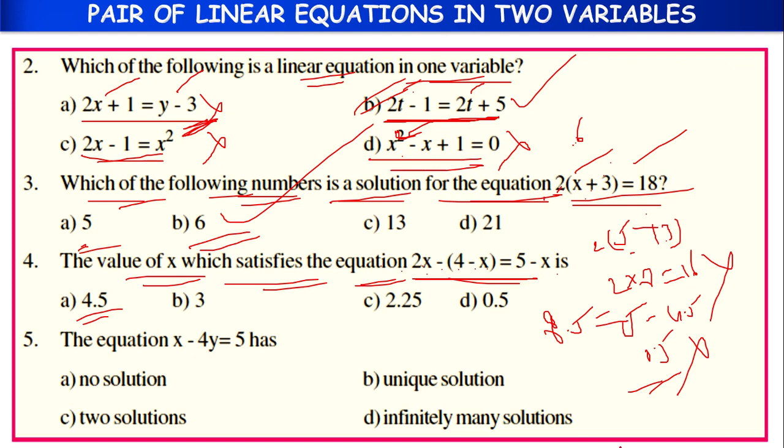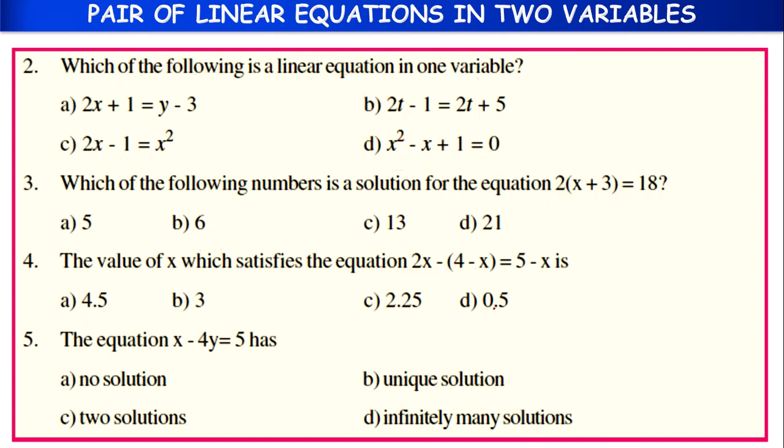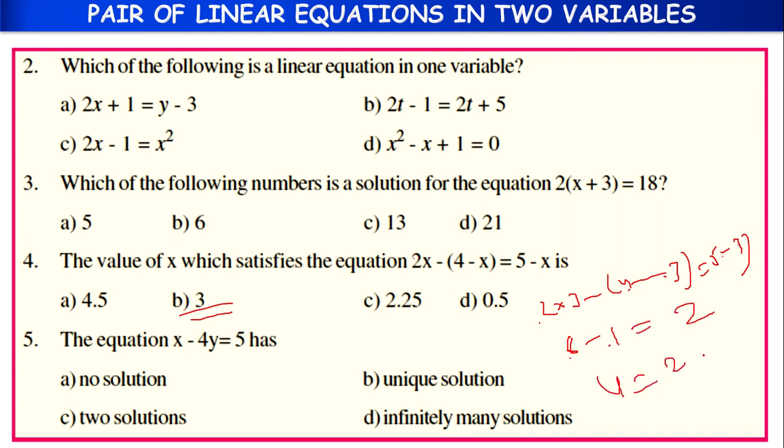Wrong. Next, 3. 2 into 3 minus 4 minus 3 equal to 5 minus 3. 2 into 3 is 6. 4 minus 3 is 1. 5 minus 3 is 2. 6 minus 1 is 4. 4 equal to 2. Wrong. 3 is a wrong option.